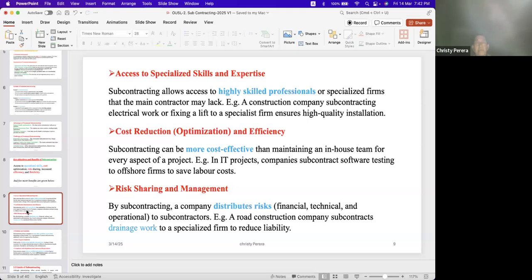Electrical work or fixing a lift to a specialist firm ensures high quality installation. Earlier I told you that to fix the lift, we have to nominate somebody, and it is called a nominated subcontractor.